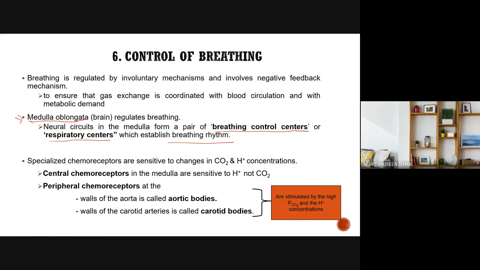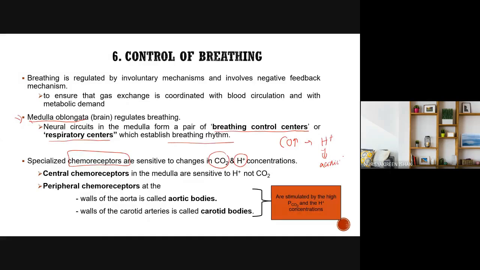So specialized chemoreceptors, okay, are sensitive to changes in carbon dioxide and hydrogen ion concentration. So ingat when your cell is respiring, your cell is producing more carbon dioxide, producing more hydrogen ion, causes your blood to be more acidic.